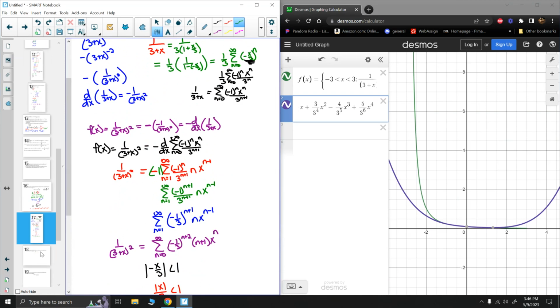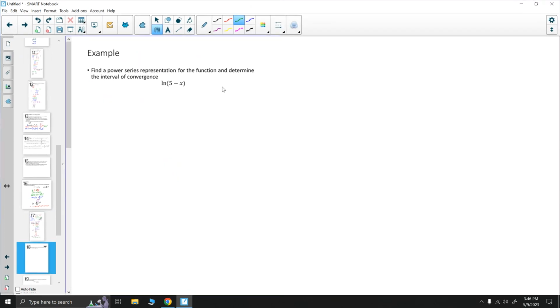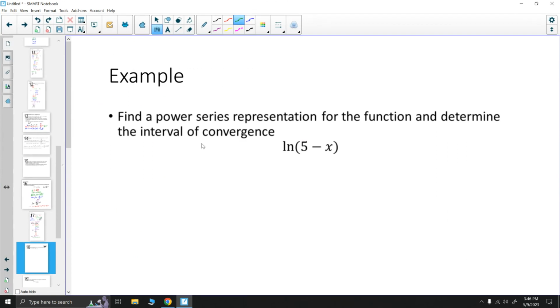Okay, let's take a look at another one. Find the interval of convergence and power series representation for this function. Okay, so we have ln. Now how can I get an ln from 1 over 1 minus something? Well, if I integrate something that's in this form, then it should be an ln.